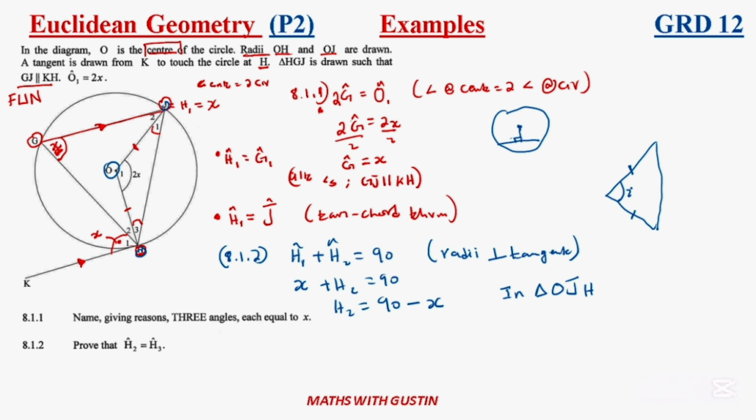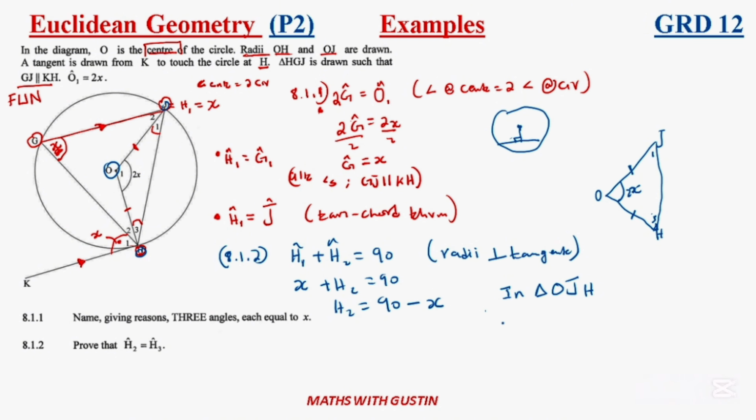Here you have 2x. Then this is O, and then you have J here, which is J1, and then you have here also H3. So what you would do in this case is say, sum of angles in a triangle are equal to 180.